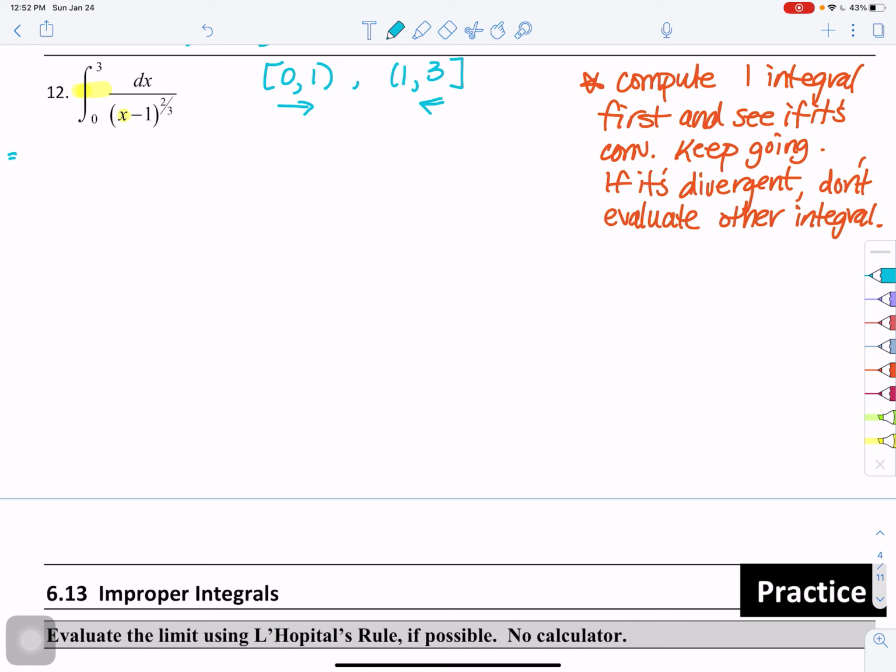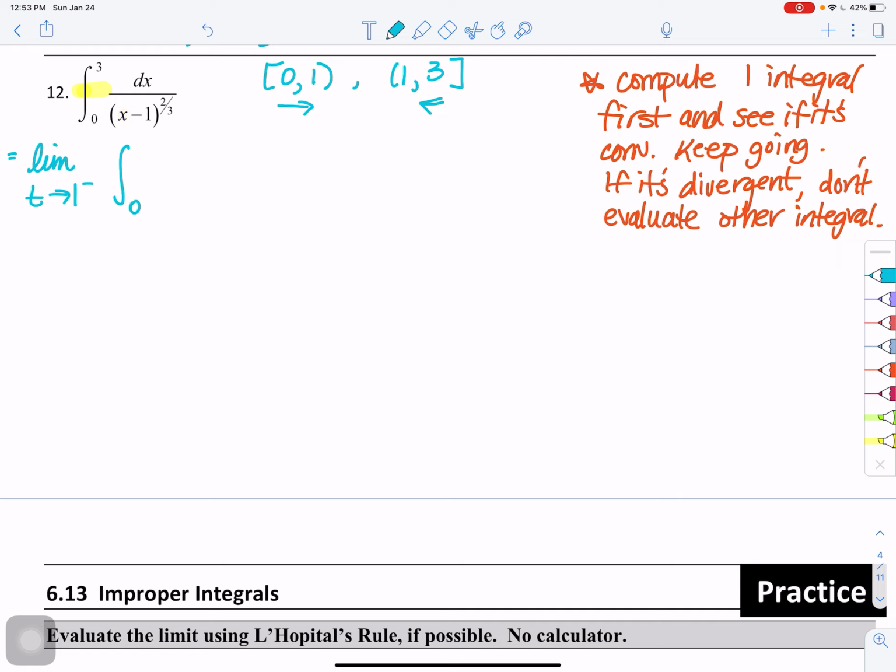So, let's go ahead and create 2 improper integrals, with limits. We'll take the limit, and we're going to work on this first one here first. The limit as t approaches 1 coming from the left of the integral from 0 to t.